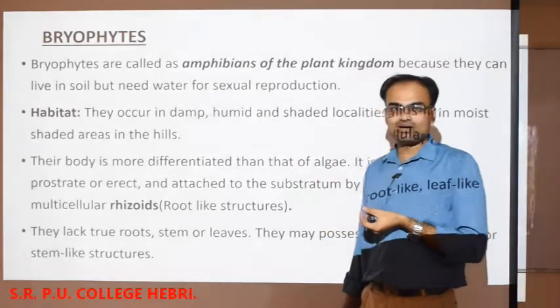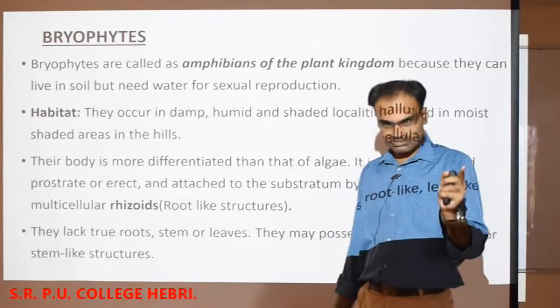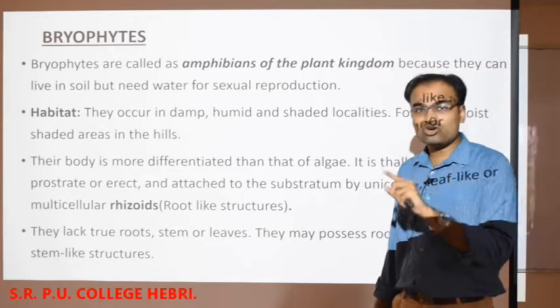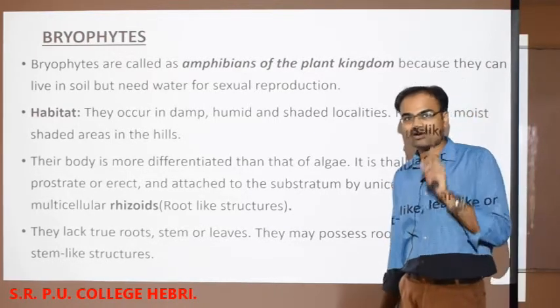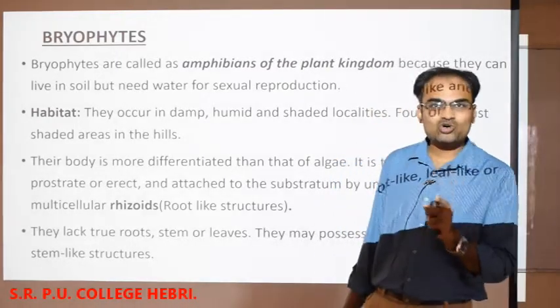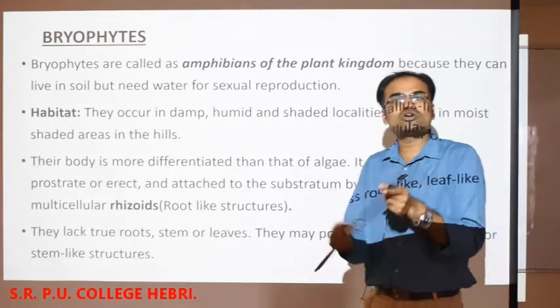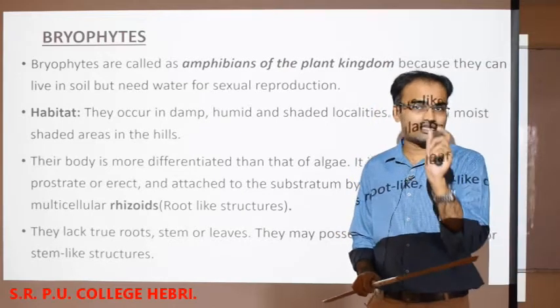But the crocodile can also live both on land as well as in the water, yet you cannot call a crocodile or tortoise an amphibian. Why? Because the frog requires water for its sexual reproduction. But the crocodile and tortoise also go to the water, but they need not depend on the water for their sexual reproduction. Understood? That is the major difference.